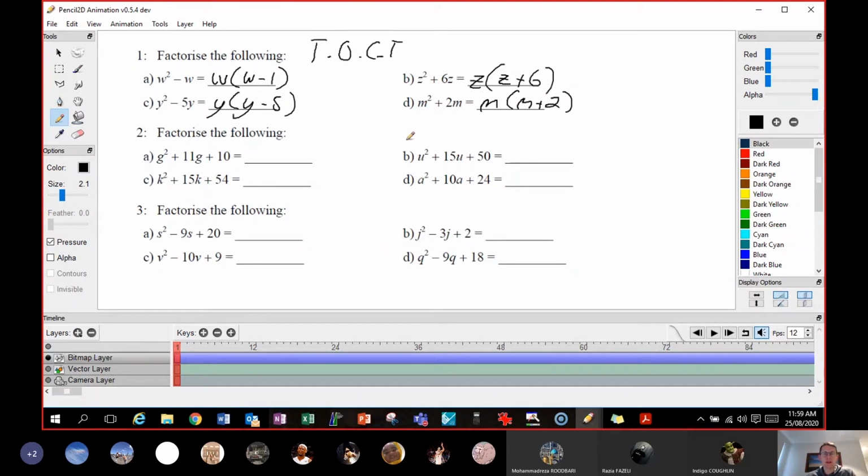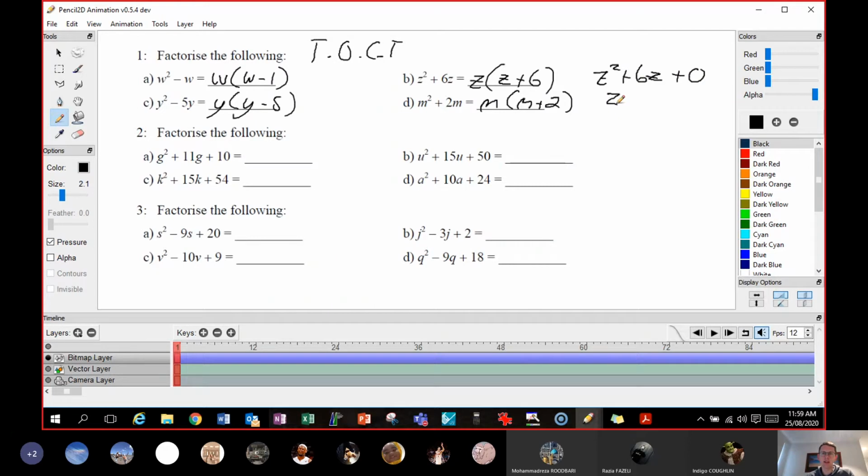All right, let's look at that. Another thing you could do is look at it a different way. Some people struggle with this, but you could say this is really z squared plus 6z plus nothing. So what you're trying to do is find two numbers that multiply to give you 0, but add together to give you 6.